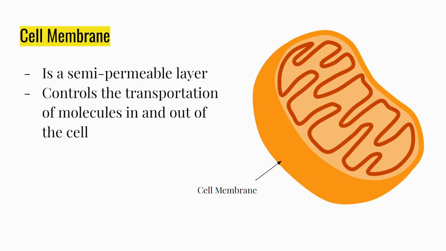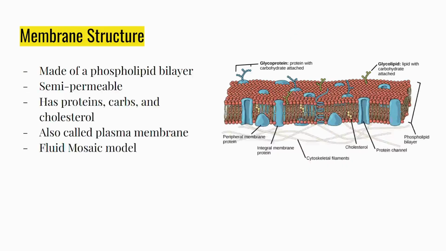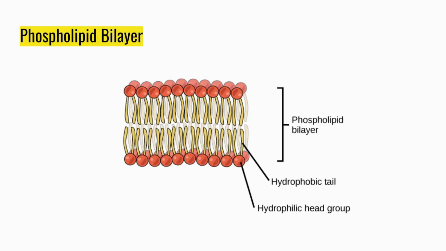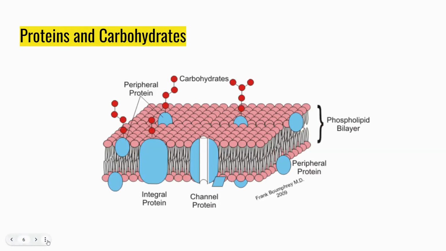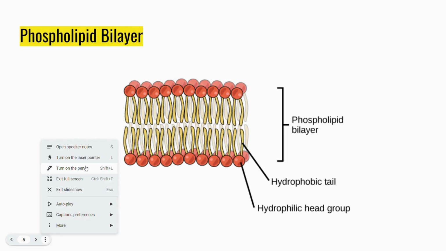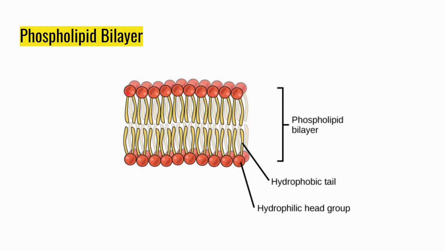Let's look a little more into the structure of the cell membranes now. So the cell membrane is made up of a phospholipid bilayer. And if we think about phospholipids, we have to think about this little thing with a ball on the top, which is the phosphate head, and the two tails.